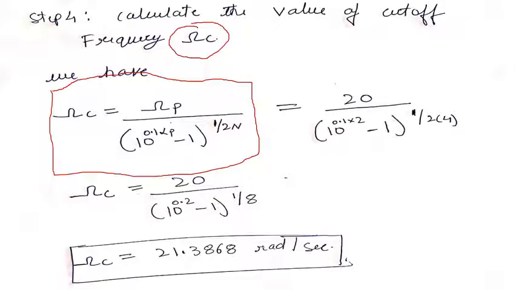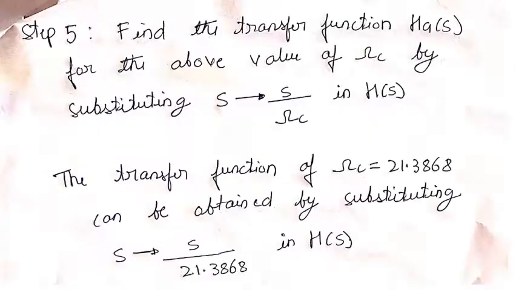After substituting the values of omega p, alpha p, and n, we get the cutoff frequency omega c as 21.3868 radian per second.